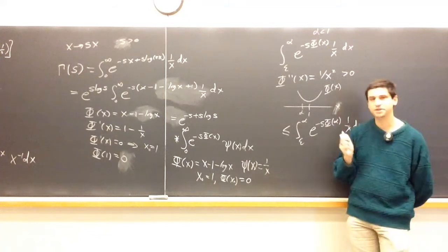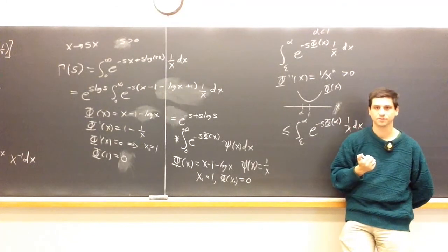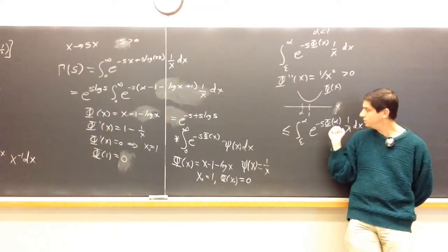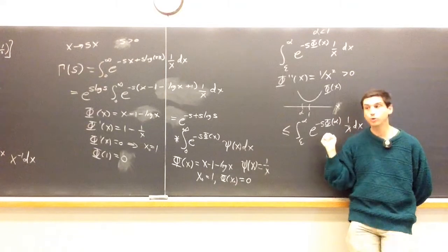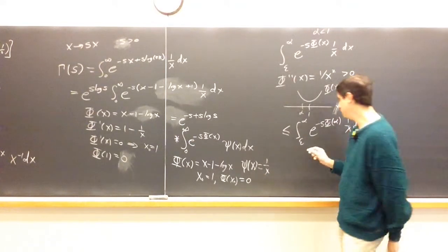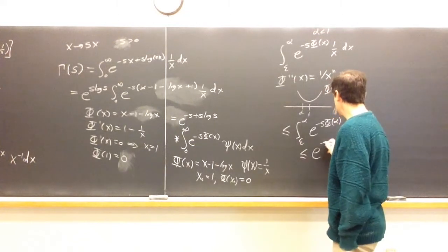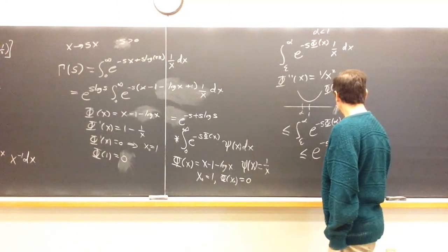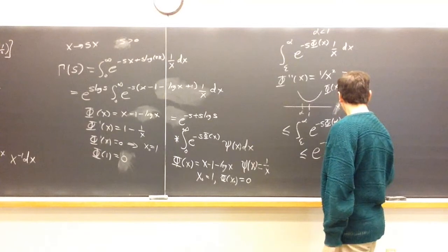What could we do to estimate the integral of 1 over x? Yes, we could bound it by 1 over epsilon, or we could even bound it by the log of epsilon if we wanted to. And so we can bound this by, it's less than or equal to e to the negative s phi of alpha times the log of epsilon.